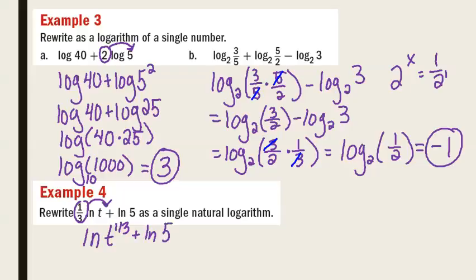And we know that the 1/3 power is really a cube root, so I'm just going to change that to be a cube root of t in here, plus the natural log of 5. We are adding between our logarithms, so that means we multiply inside. So this is going to turn into the ln of 5 times the cube root of t.